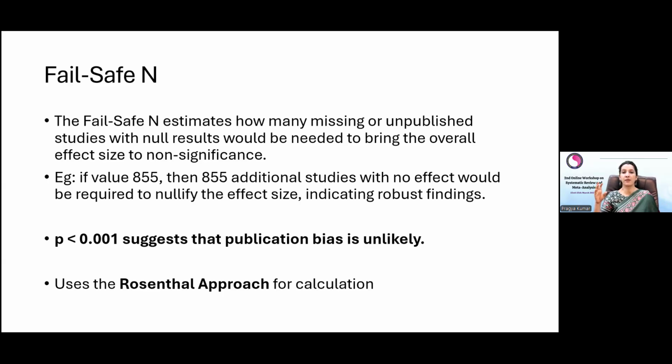That is what we mean by the fail-safe test. And the method which we use to measure this fail-safe test is the Rosenthal method or the Rosenthal approach. And you have to see the p-value ultimately. If the p-value is less than 0.001, that means there is no publication bias. So a significant p-value tells you that there is no publication bias.